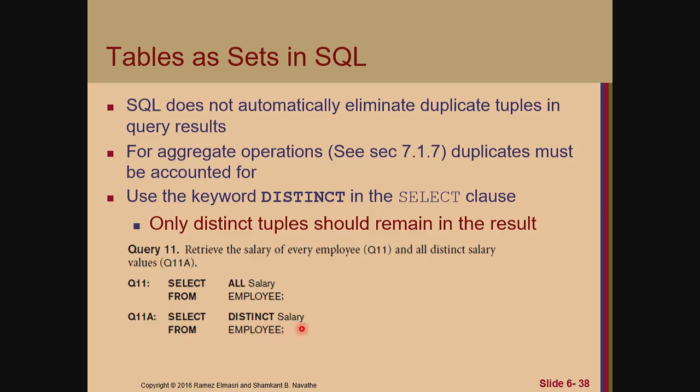You might have several people with the same salary. If you just print it out, you have 10,000, 10,000, 10,000, 10,000, but you don't want to know all of them. You just want to know the types of salary or the range roughly. So the 10,000 will show just once in the results.